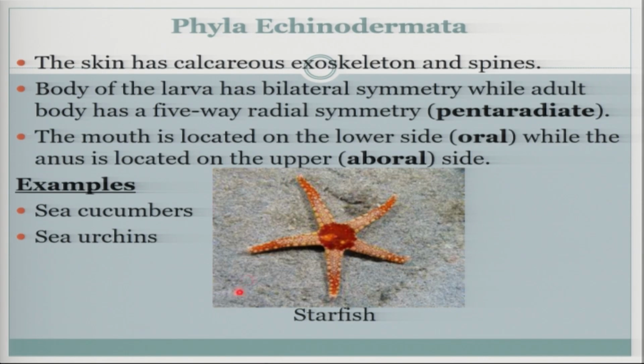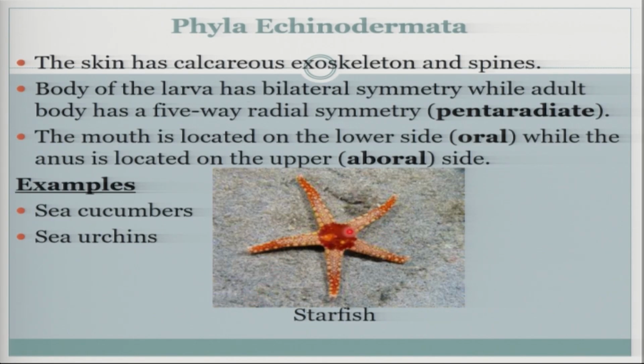Look at this. What can you see on the outside features? You see this external part. You can mention the five-way radial symmetry of their body. Count them: 1, 2, 3, 4, 5.